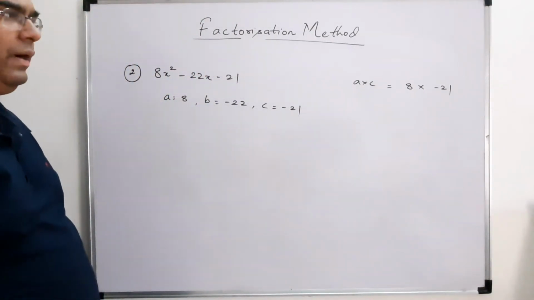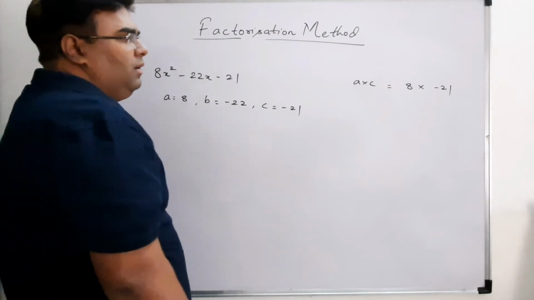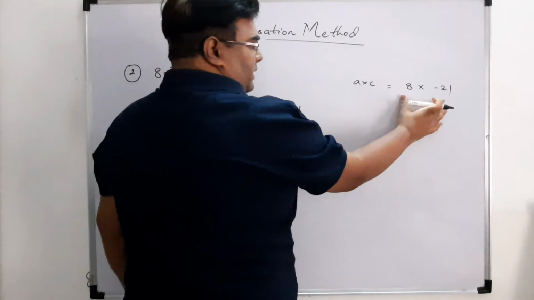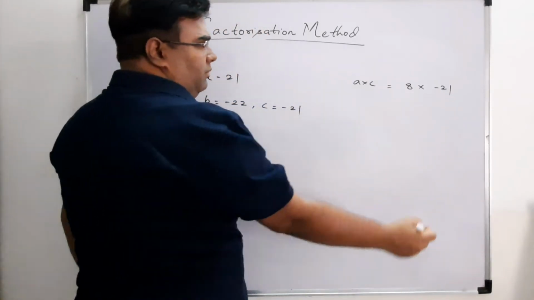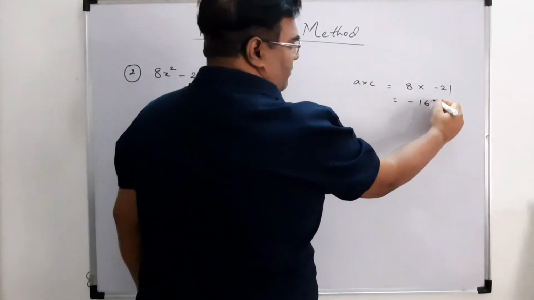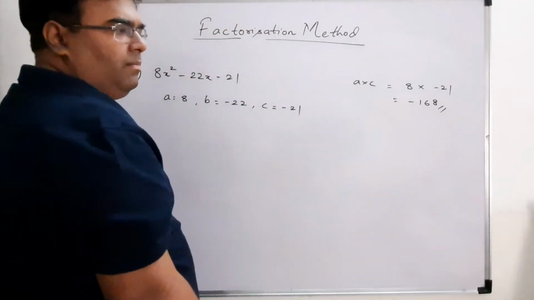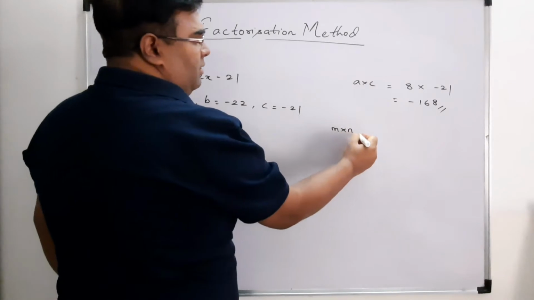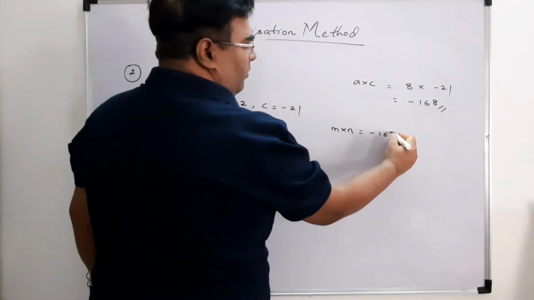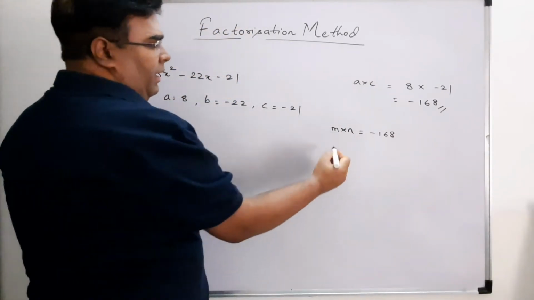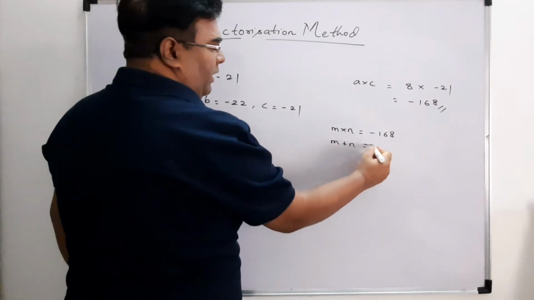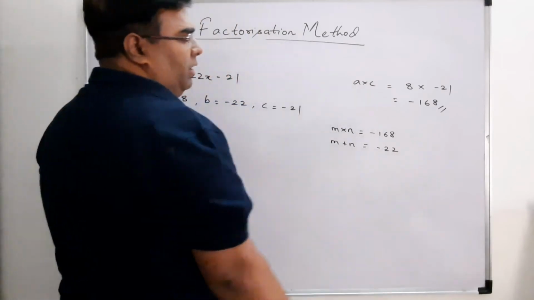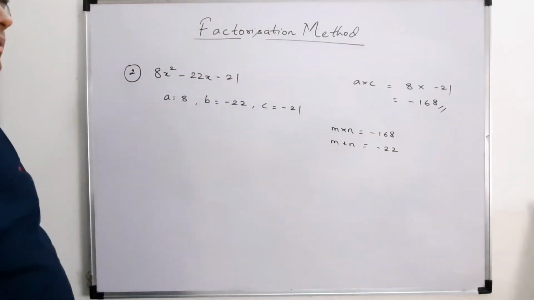And then we need to find two numbers, so that if you multiply those two numbers, we will get this 8 into −21. Let us write this, −168. So we need m multiplied by n to give −168, and m plus n to give b, which is −22, right?